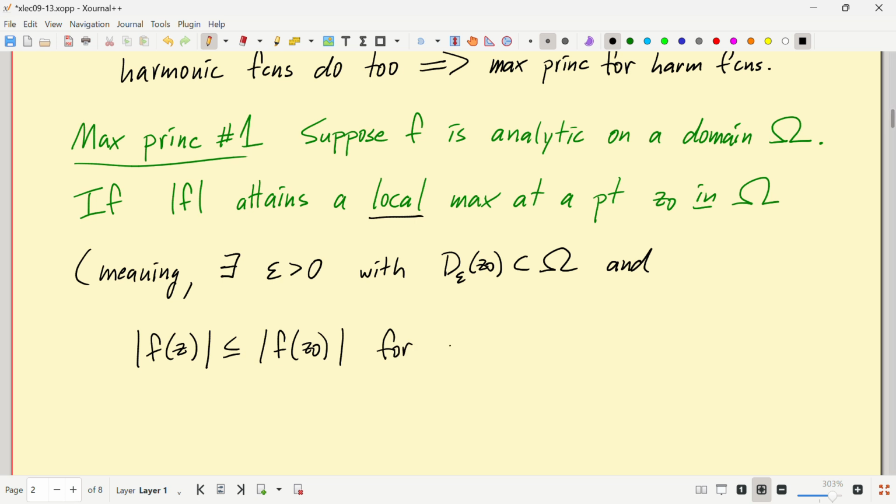It doesn't have to be a strict max. It just has to be this kind of max for all z in that local disk. Okay, now back to the theorem. Then f is constant on omega.